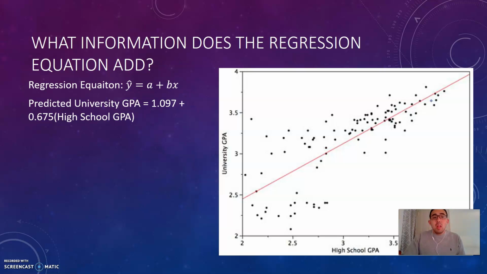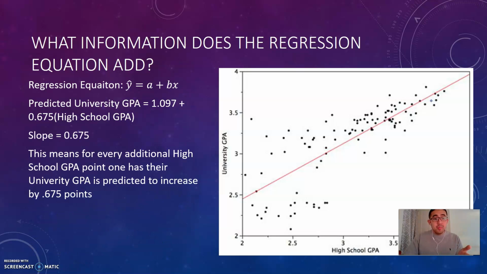It gives me the ability to predict what someone's university GPA would be based off of their high school GPA. It's one of the strongest things that statisticians were able to do. That's where the money's at, being able to predict what's going to happen down the line.